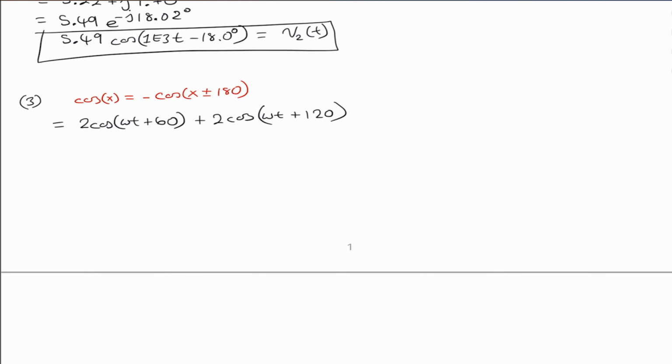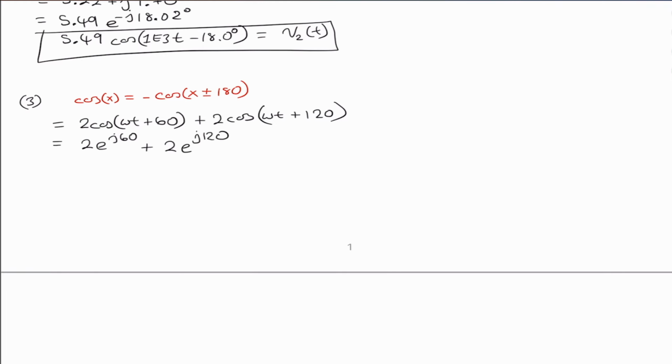So we can then go ahead and apply. There's going to be another formula. We might not use it as yet, but let's just change this to the phasor domain as always. 2 times the complex exponential, so that would be a, which is 2, so 2 times the complex exponential e to the j 60 plus 2 times e to the j 120.